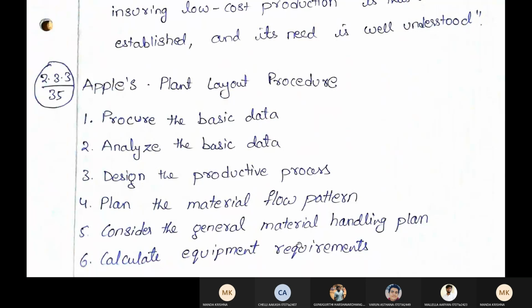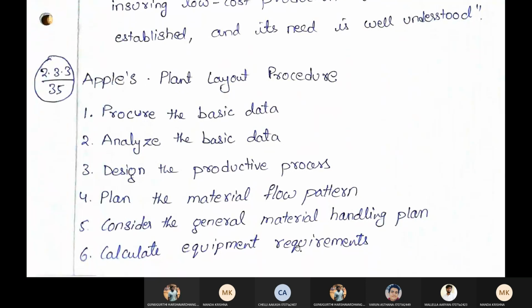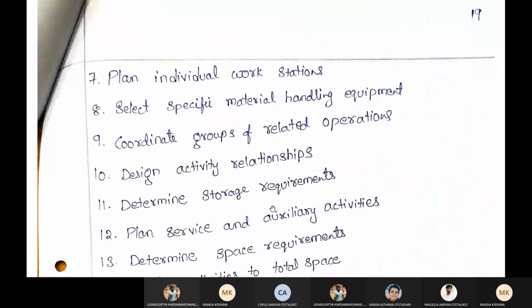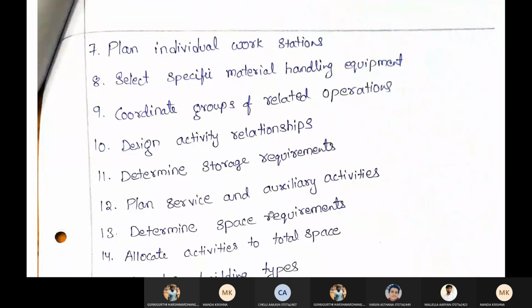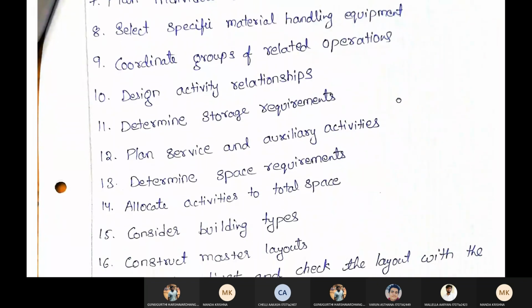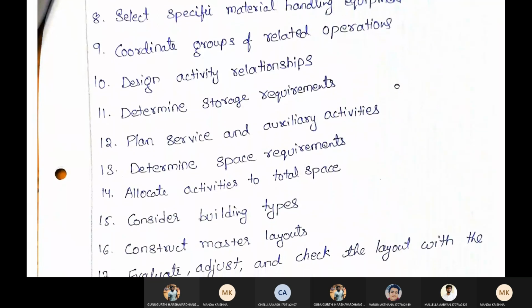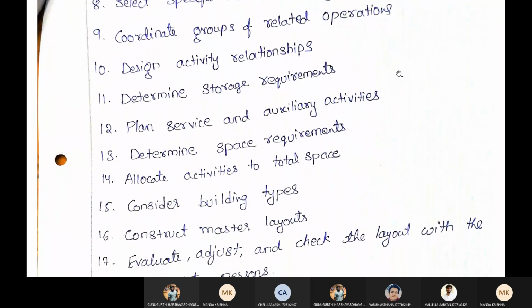It can be material handling equipment or machinery, and plan individual workstations. Next is select the specific material handling equipment. Next is to coordinate groups of related operations. Design activity relationships. Determine storage requirements.